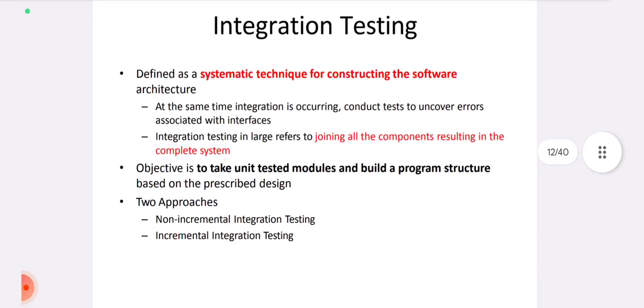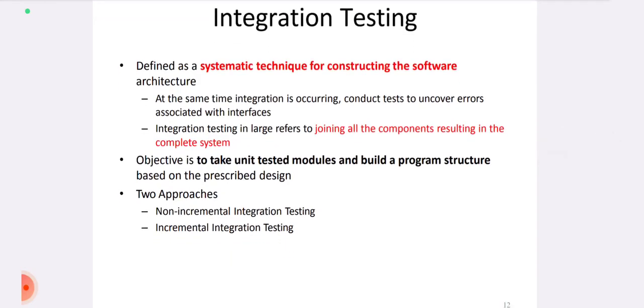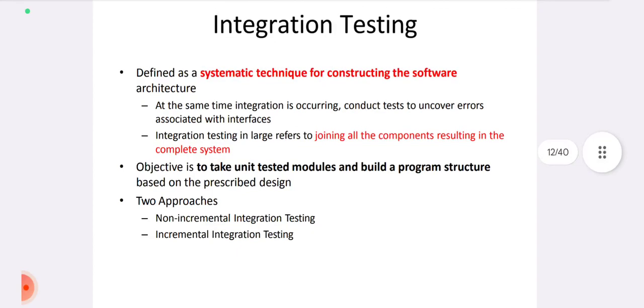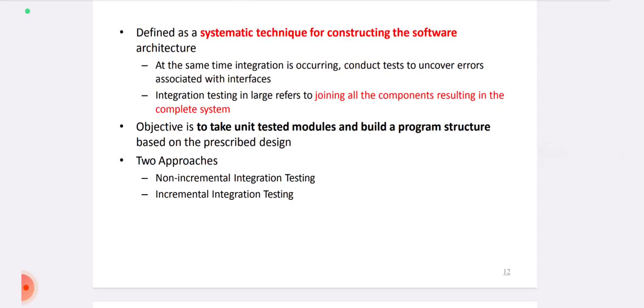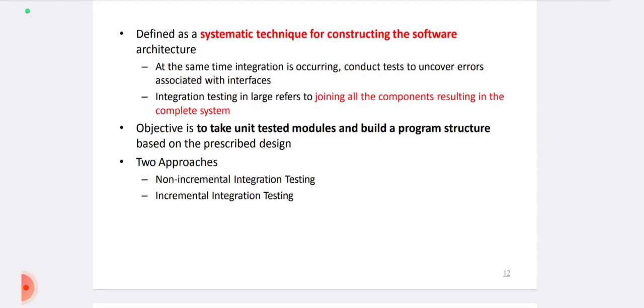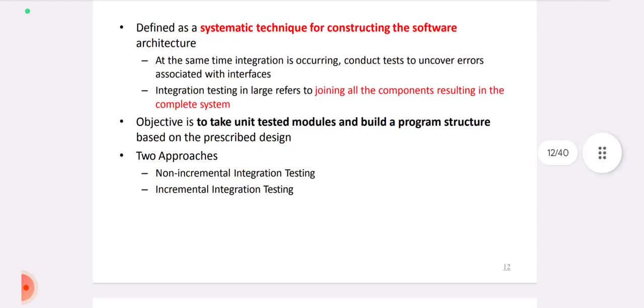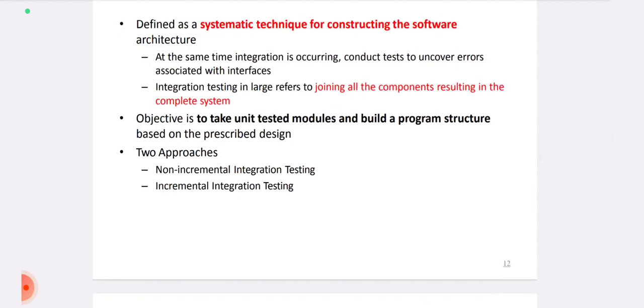Then integration testing. It is a systematic technique for constructing the software architecture. So here we are integrating individual units to bring a single whole software. Whenever the integration is occurring, we need to conduct individual tests to uncover the errors. Say for example, if we have 5 units, we cannot attach all the 5 units at a time.